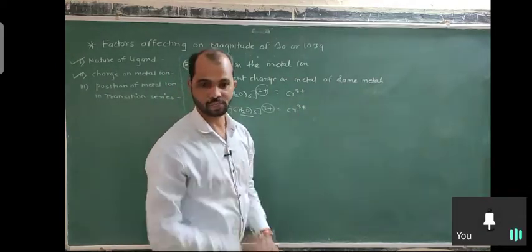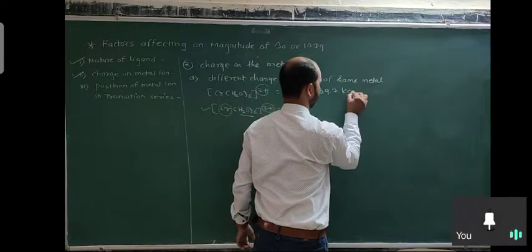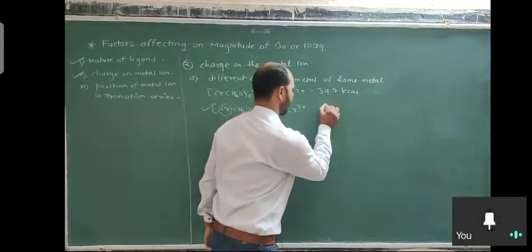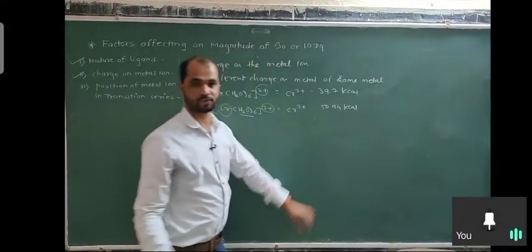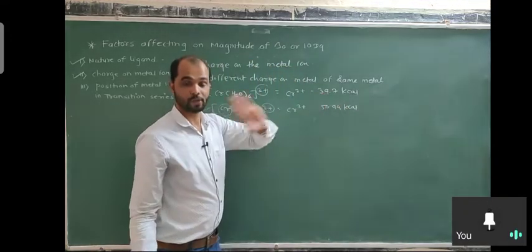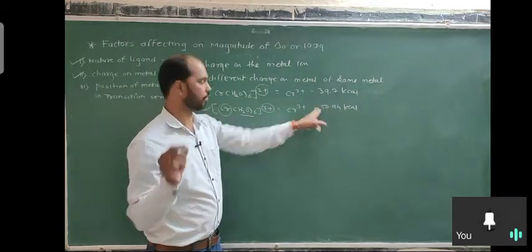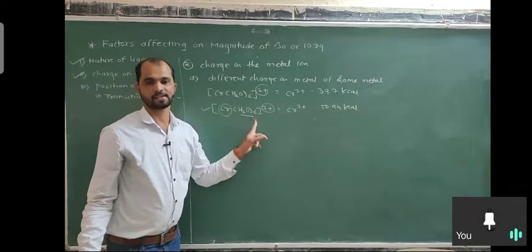The values are given here, 39.7 kilocalorie, and in the second case it has 50.94 kilocalorie. So why is this observed? Because these values are different. Here is a higher 10 Dq value because, due to the higher charge on the metal ion, ligands are more attracted.